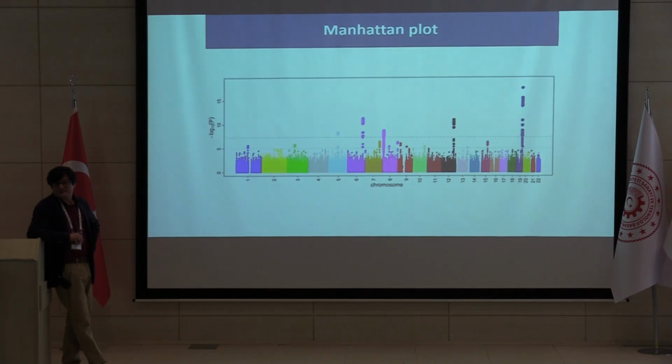Why do I see this shape? So if I see this variant, I have a bunch of other variants with very similar p-values. Dependency?